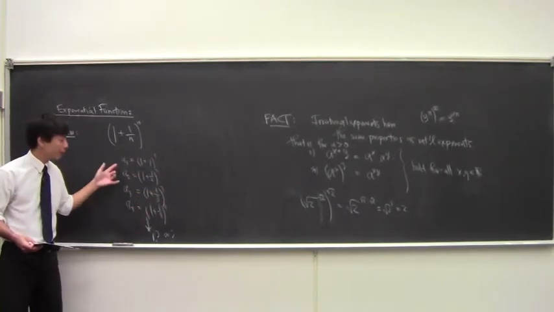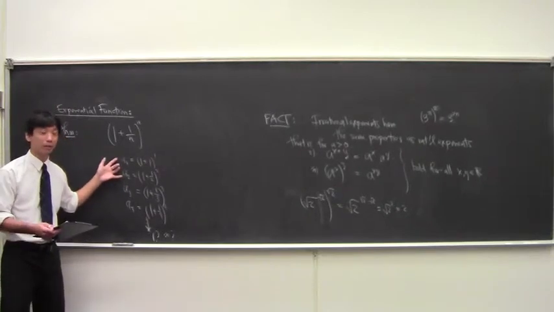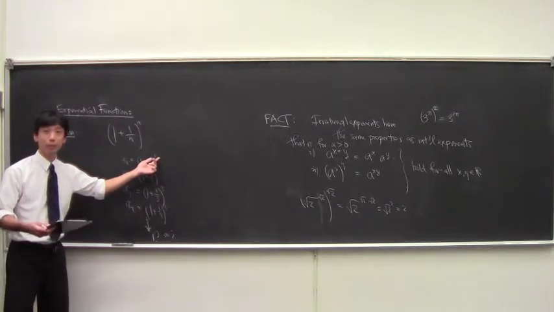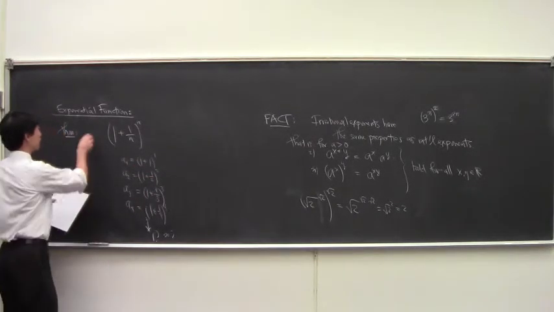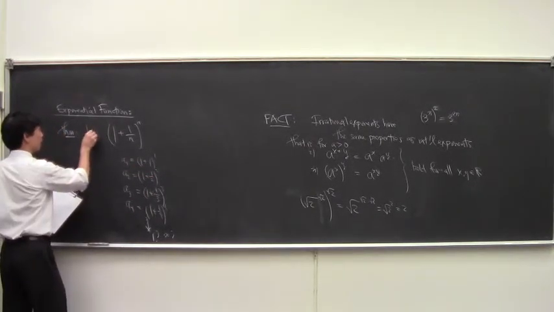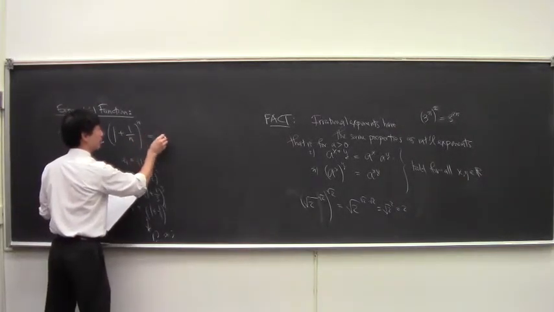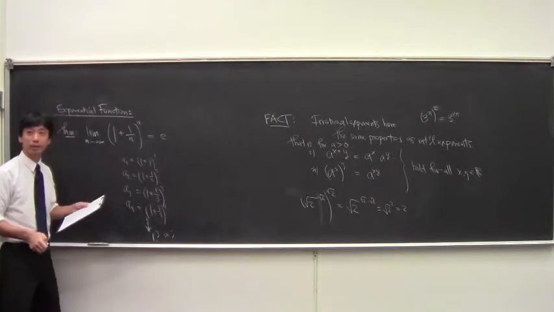Okay. In fact, there's a tug of war that goes on, right? So this guy is like, I'm trying to pull towards 1. This is going to try to pull towards infinity, and it turns out that a balance is reached at a particular number, and that number is called e.